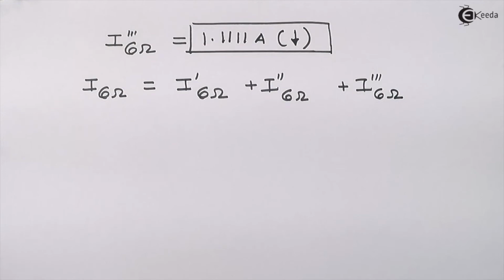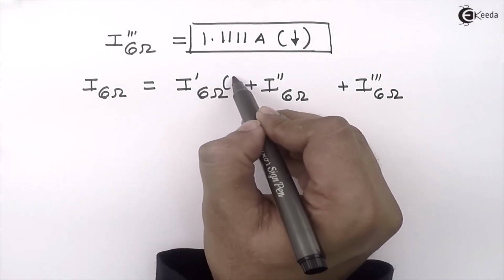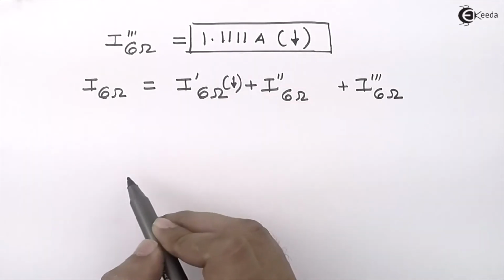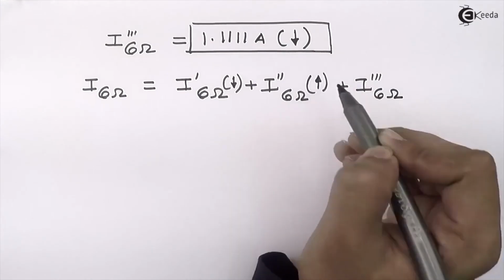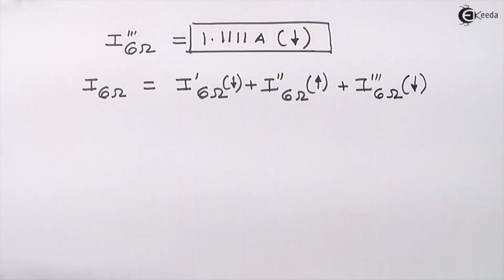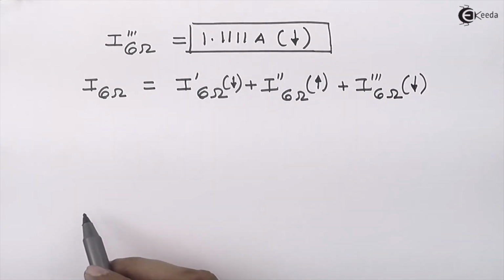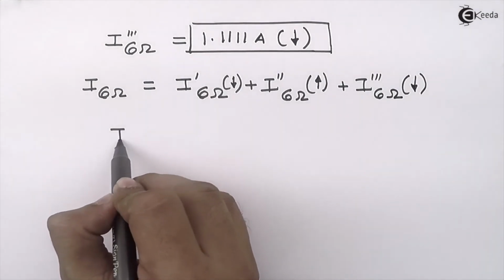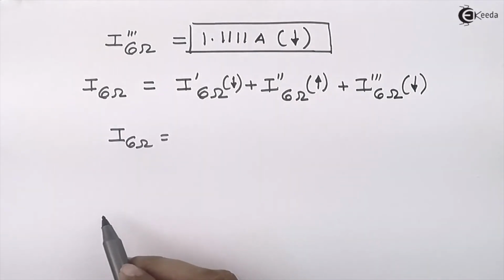So we know for the first source we got the current direction as downward. For the second source it is upward, and for the third source it is once again downward. Out of these two directions, one direction I have to consider as positive, so the other direction will become negative. So I will consider the downward direction as positive.